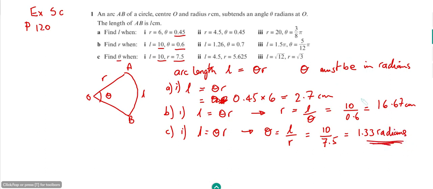Incidentally, where the formula comes from: if we consider that the circumference of a circle is equal to 2 pi r, then we've got a fraction of that circle. So that would be a full circle there.